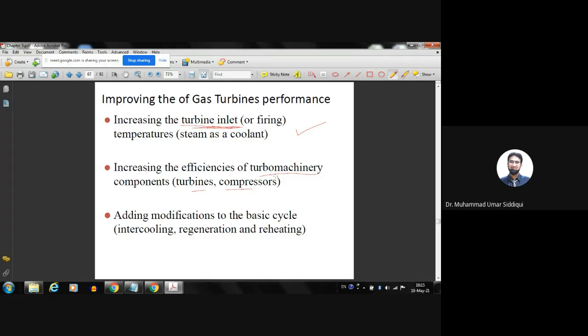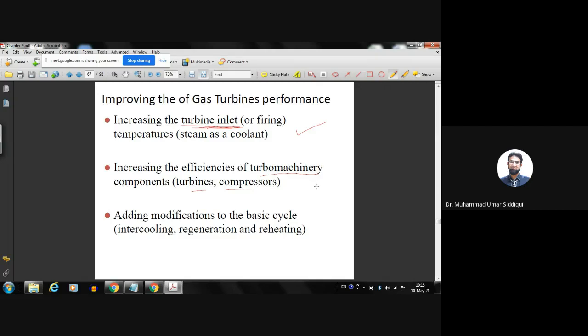However, if we employ turbines and compressors from a good manufacturer, so that they work very efficiently, then it's going to overall increase the efficiency of the gas turbine cycle.